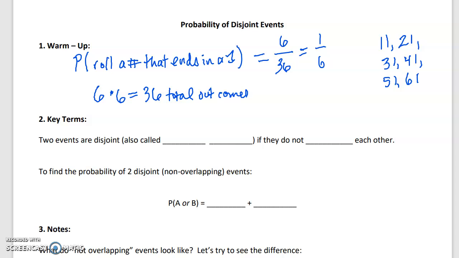So now we're going to look at probability of disjoint events. When we have disjoint events, we're going to have more than one event that we're looking at. In the warm-up, we were just looking at numbers that end in a 1. And now we're going to look at 2 things happening. So, 2 events are disjoint, also called mutually exclusive, if they do not overlap.